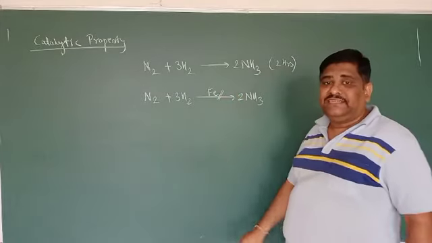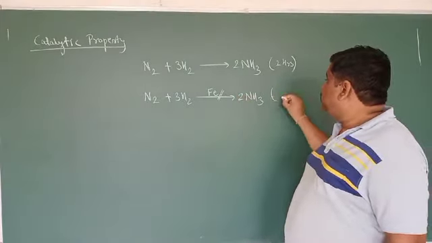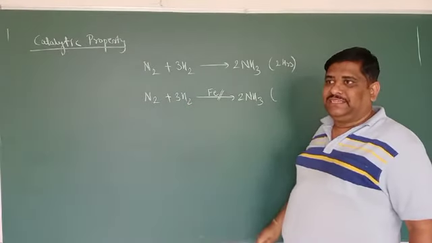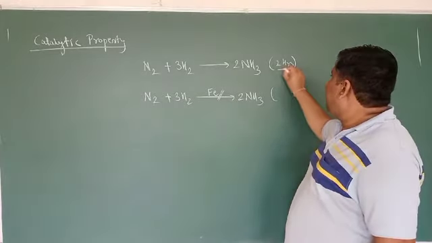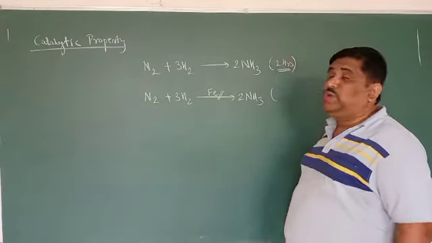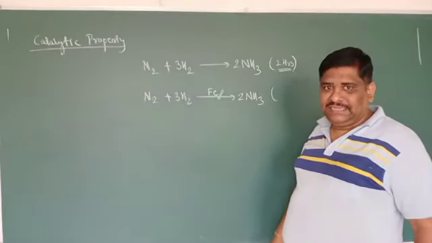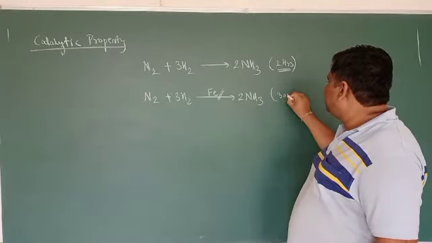This iron catalyst alters the rate of the reaction, and the reaction which was completed in 2 hours, in the presence of this iron catalyst gets completed in 30 minutes.